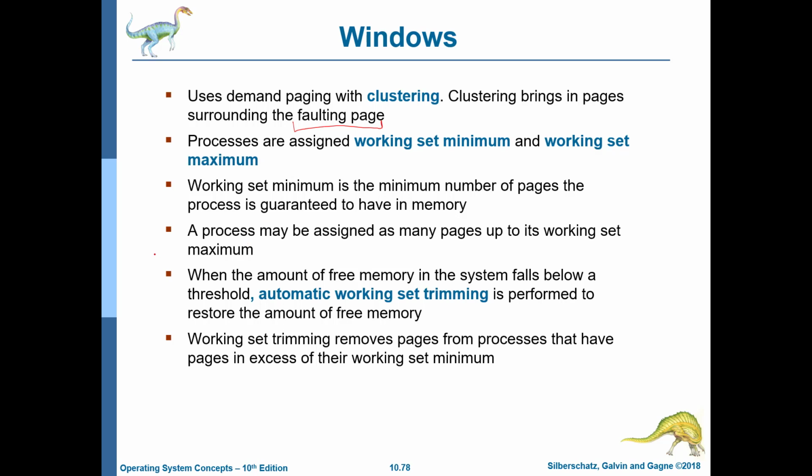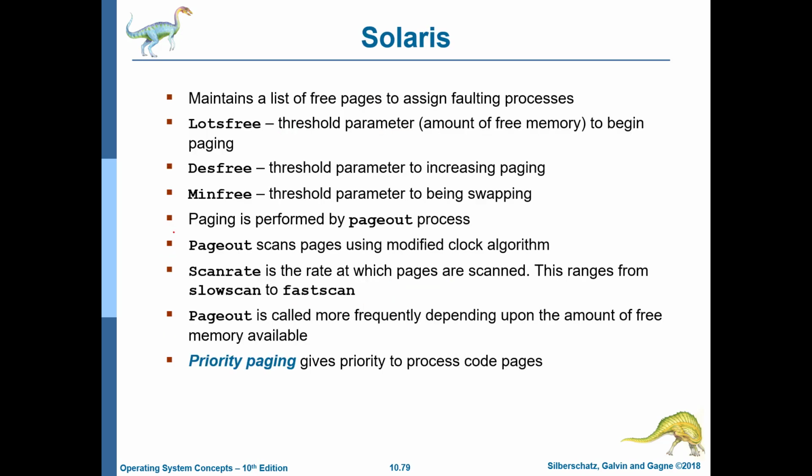So this maximum limit is primarily to allow multi-programming. Furthermore, when the amount of free memory in the system falls below a certain threshold, the working sets are trimmed and the amount of free memory is restored. Trimming will basically involve swapping out pages, so sending them from main memory to the disk, to the backing store.